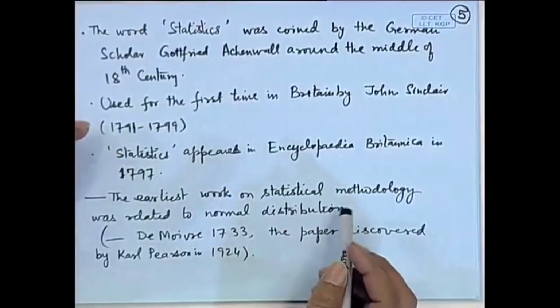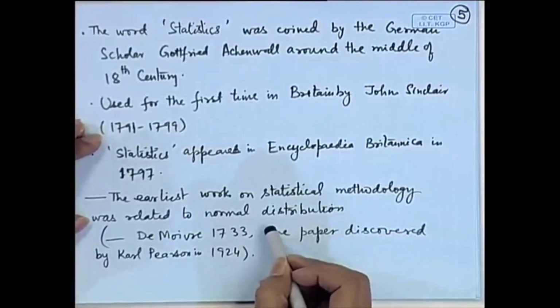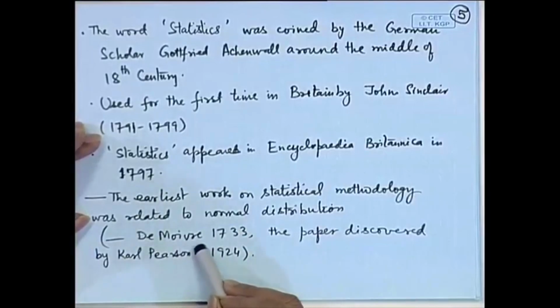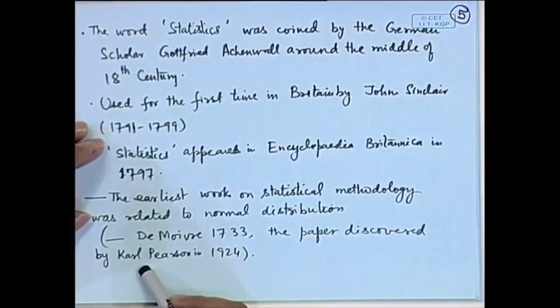The modern statistical methodology, the earliest references are to the normal distribution. Most probably De Moivre in 1733 wrote a paper which appeared in an obscure journal, and therefore it was not known. It was later discovered in 1924 by the British statistician Karl Pearson.